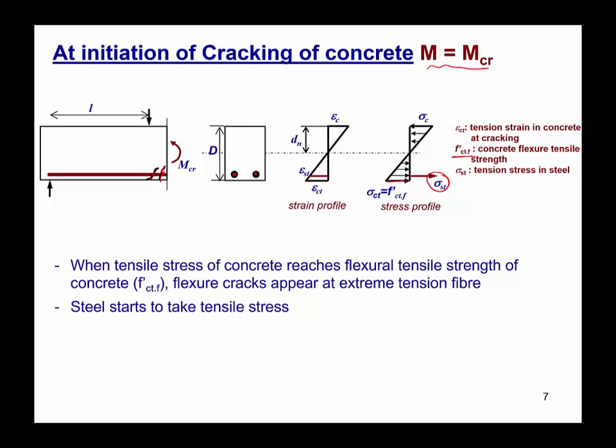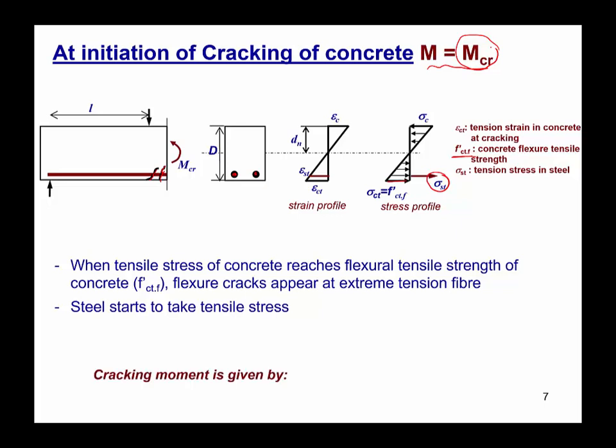The moment that causes the concrete to crack is called the cracking moment, and it is denoted by MCR. So when the tensile stress of concrete reaches the flexural tensile strength of the concrete, F-CT.F, flexural cracks will appear at the extreme tension fiber, and the steel starts to take tensile stresses.